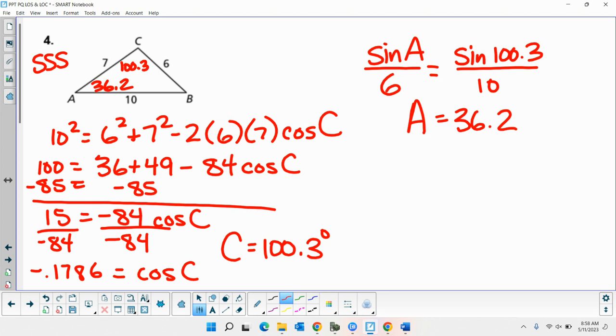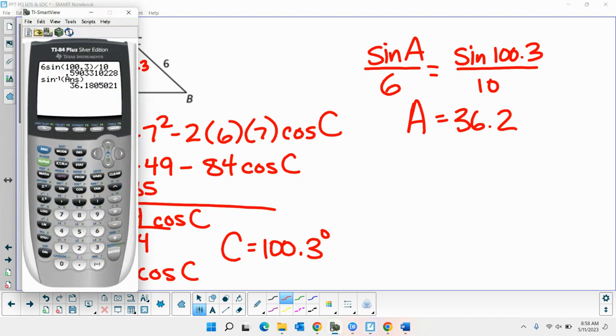Add the 100.3 and subtract that from 180. 43.5.